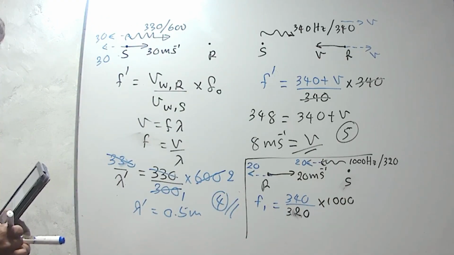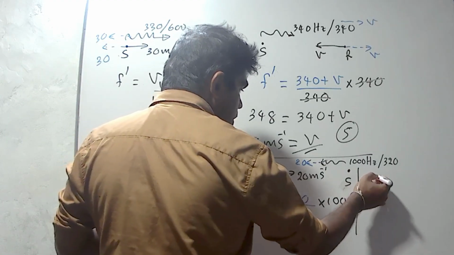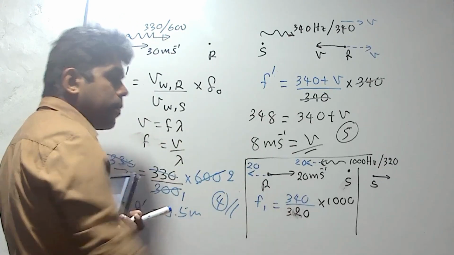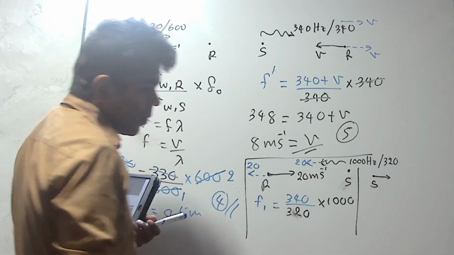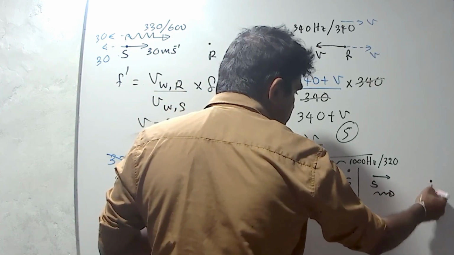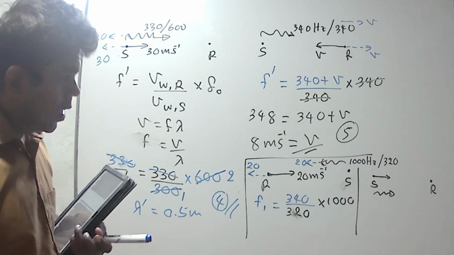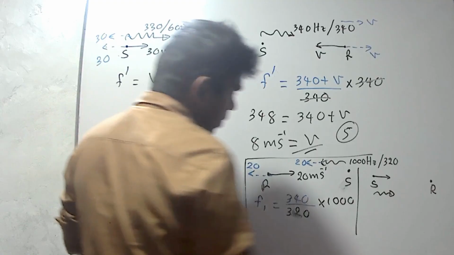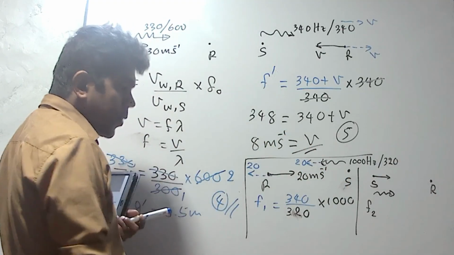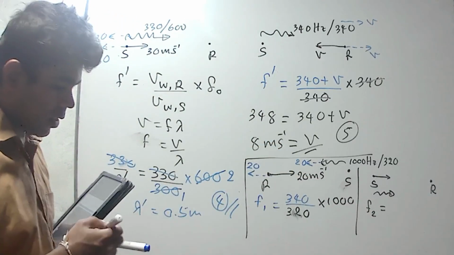Then we can consider the second situation. For the second situation, the source is this one. We have to consider the reflected wave. Then the wave is moving towards this direction and the receiver is at rest. Then we can get the frequency observed by this receiver, F2, equals the velocity of wave relative to receiver over the velocity of wave relative to source.